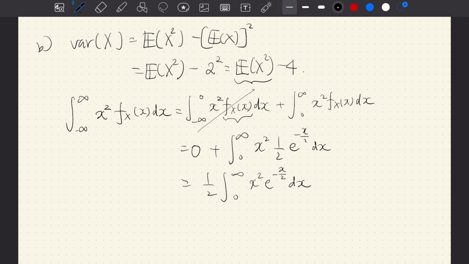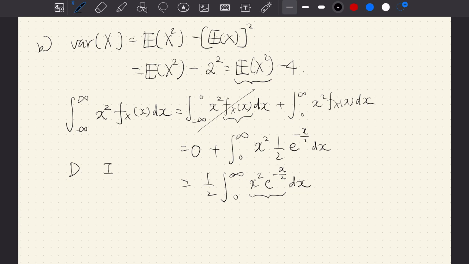Okay, so in this case, let's try the DI method or tabular method. Okay, so for the DI method, you have an integrand of 2 things multiplied together, right? So you have to decide which part of the integrand you put in the D column so that you differentiate it, and which part you put in the I column where you repeatedly integrate it.